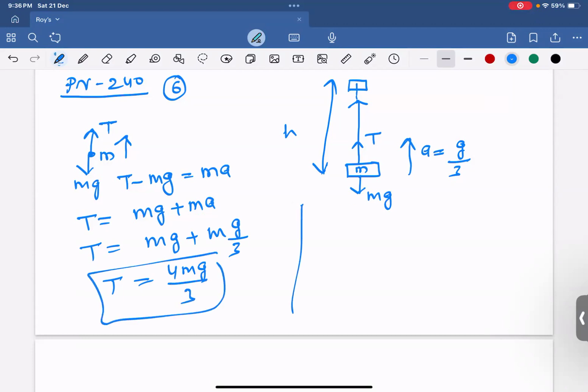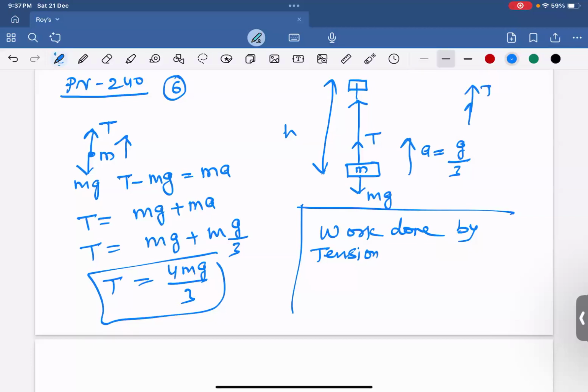Now let's talk about the work done. First, we have to find what is the tension and in which direction it is acting. Tension is acting upward and the body is also going upward only. So the work done is positive. It is tension multiplied by displacement.